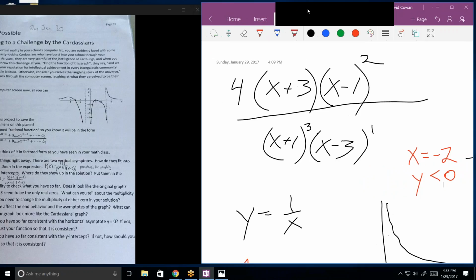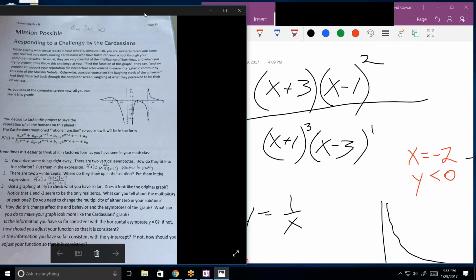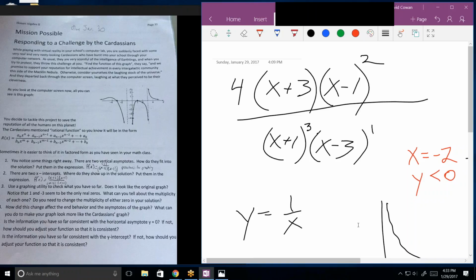I mean, you could spend a lot of time graphing various changes in this function. I'm just staring at it, hoping that something will come to me.